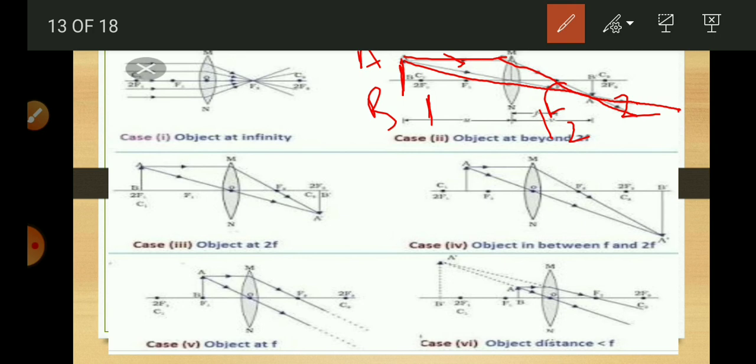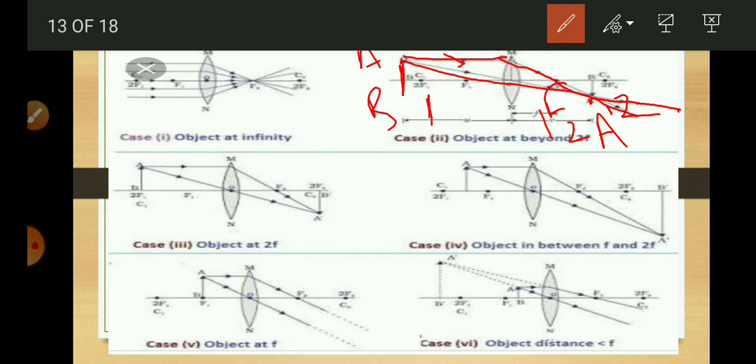So these two rays after refraction meet at a certain point. These two rays meet at this point, and here we obtain the image of point A, that is A dash. Wherever the two refracted rays intersect each other, that will be the position of the image.